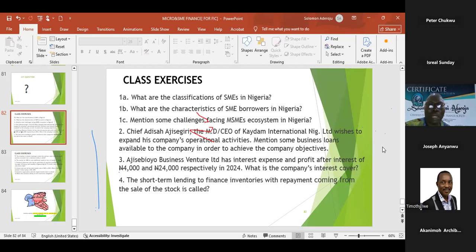Ajisebi Oyo has interest expense and profit after interest of 4,000 and 24,000 respectively. What is the company's interest cover? Can somebody tell us the answer? Six.